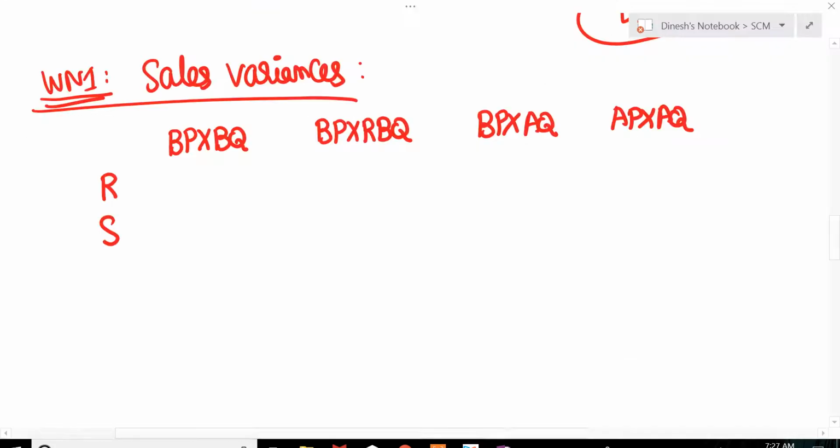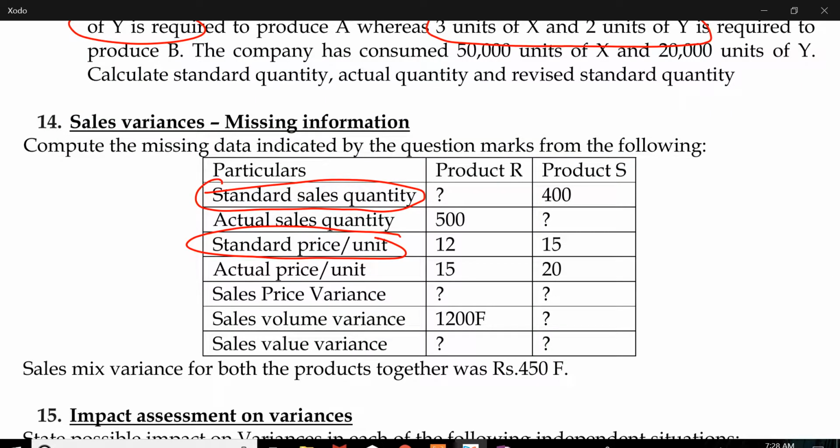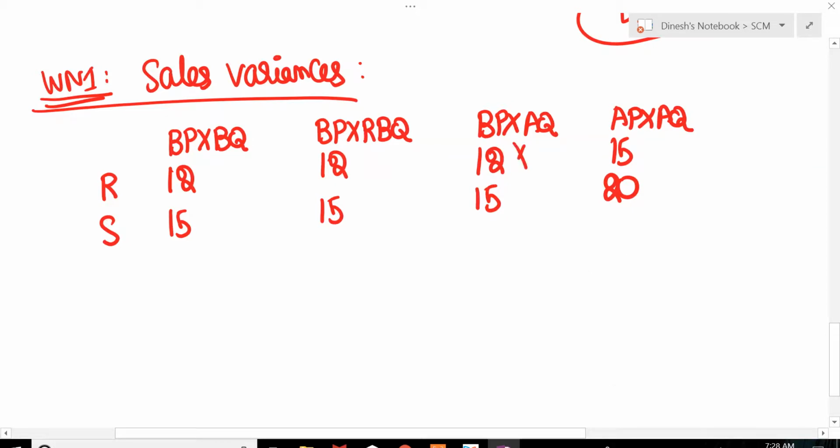BP is $12 and $15. AP is $15 and $20. AQ is 500 for product R. Let's leave the other product for the time being.